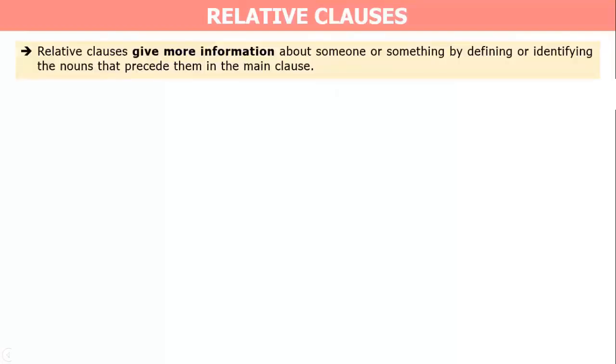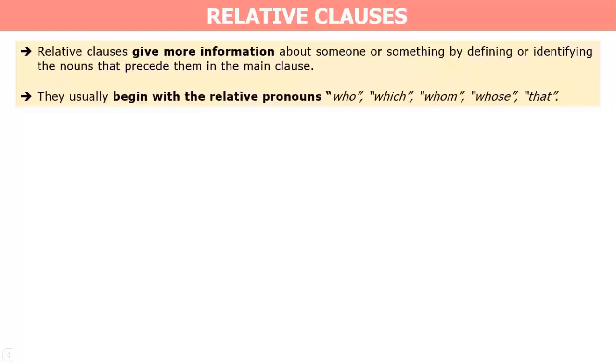Do you know what relative clauses are? Relative clauses give more information about someone or something by defining or identifying the nouns that precede them in the main clause. They usually begin with the relative pronouns who, which, whom, whose, and that.